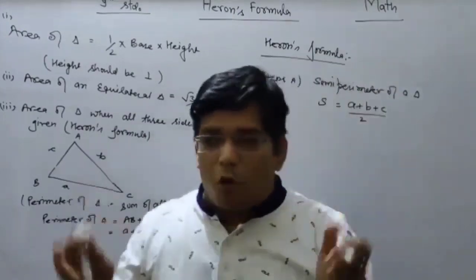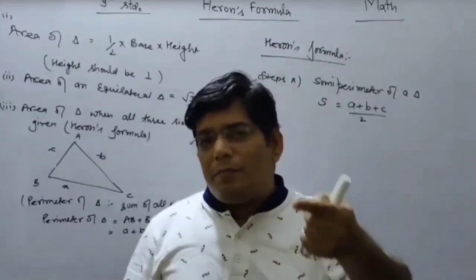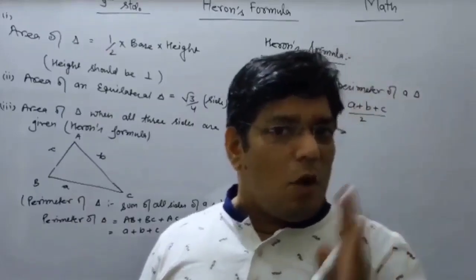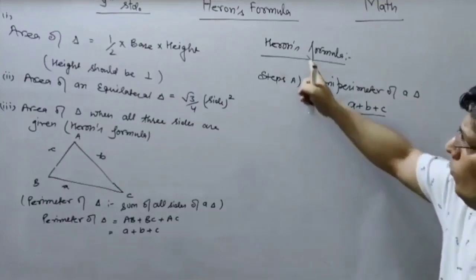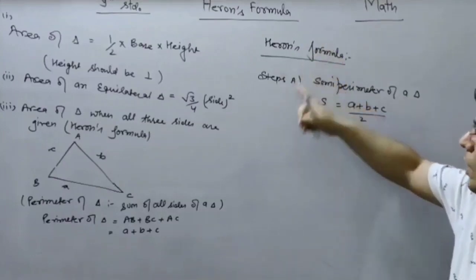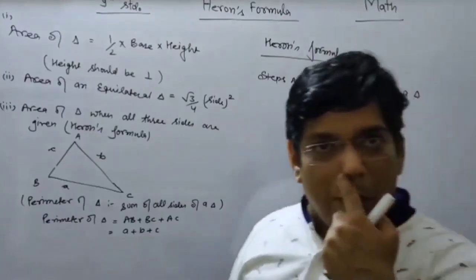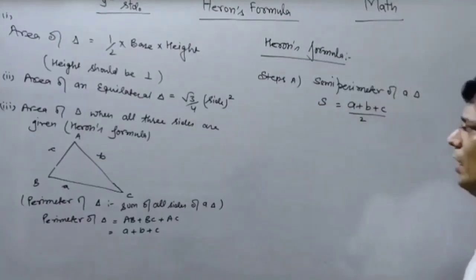That means we should calculate the perimeter, and the perimeter must be divided by 2. Half of the perimeter is known as the semi-perimeter, denoted by S.